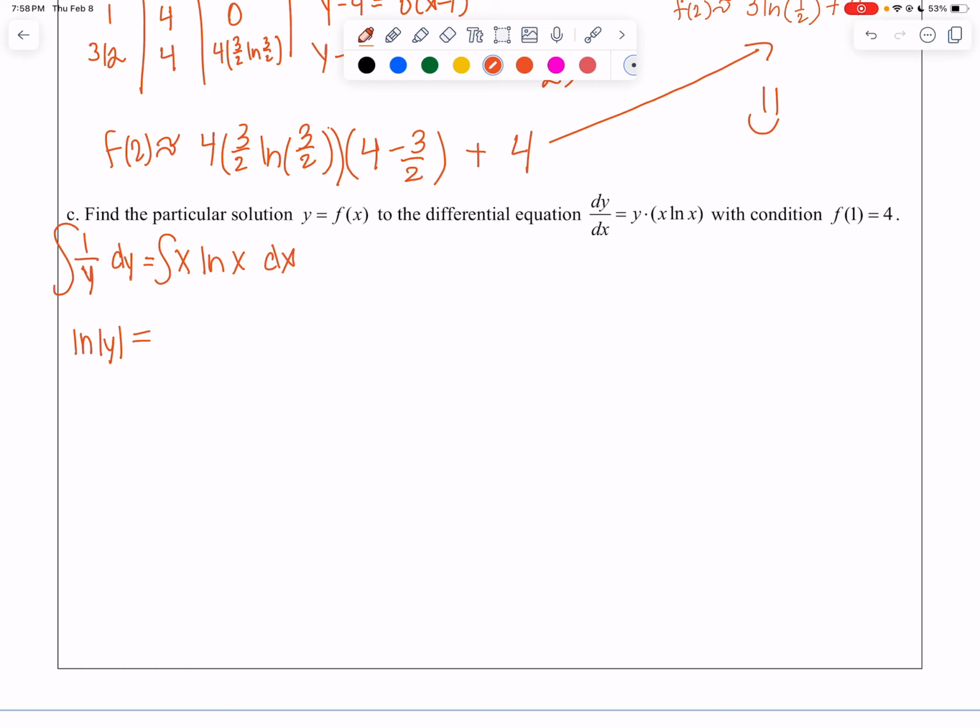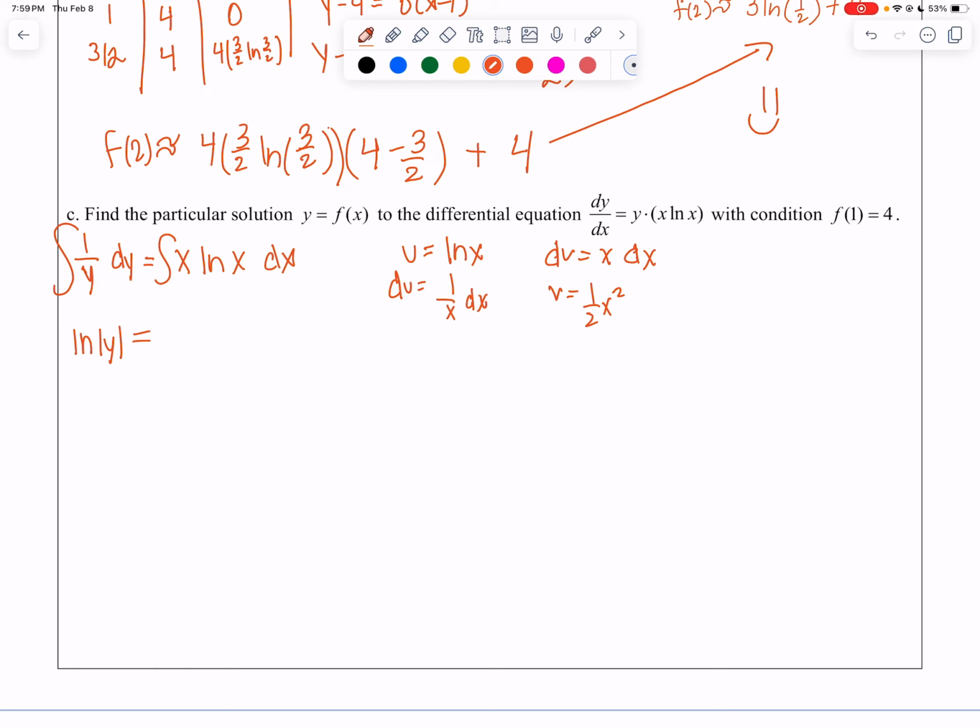Hopefully you haven't forgotten about integration by parts because this is an integration by parts problem. Think about I LATE. In this case, u is going to be ln of x. du is 1 over x dx. dv is going to be x dx. And then v is going to be 1/2 x squared.